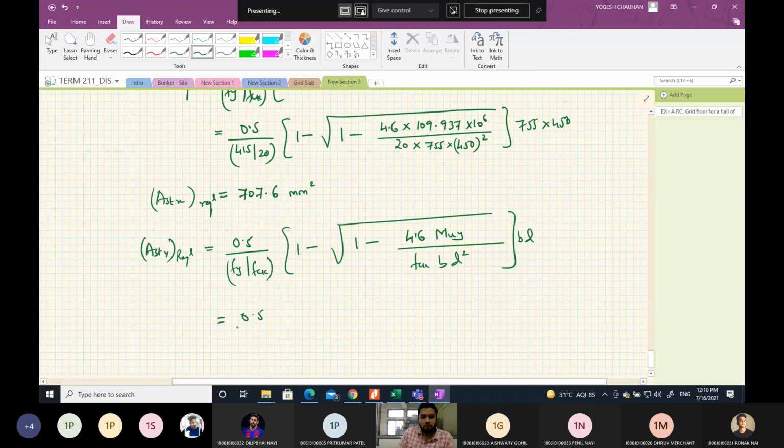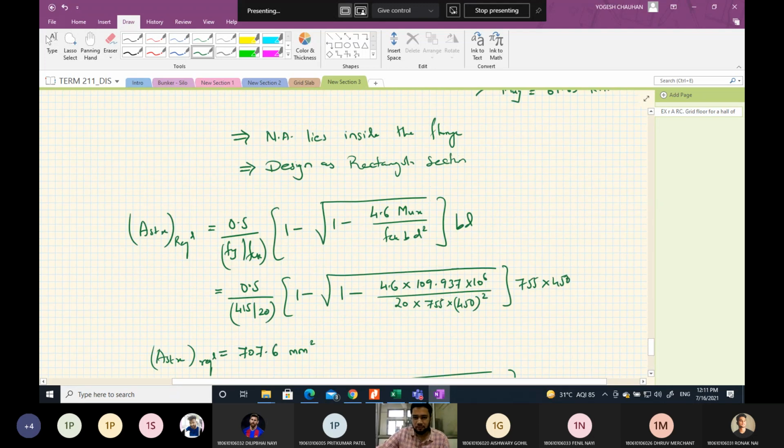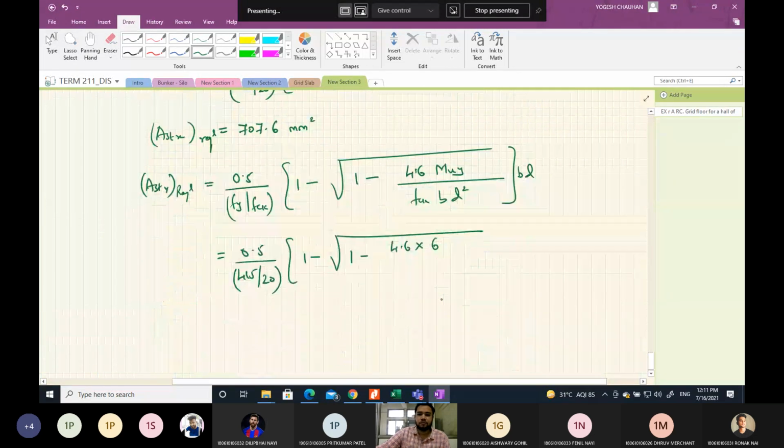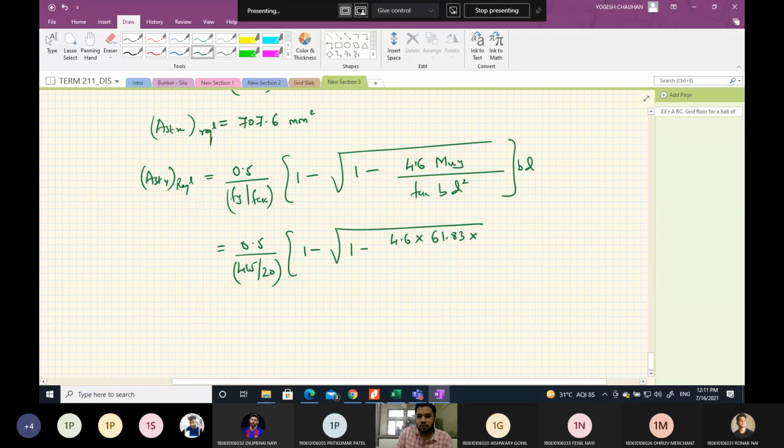So that will be 0.5 divided by 415 divided by 20 whole multiplied by 1 minus square root of 1 minus 4.6 into moment MUY 61.83 into 10 to the power 6, whole divided by 20 into B is 755 into D is 450 square, whole multiplied by 755 into 450.